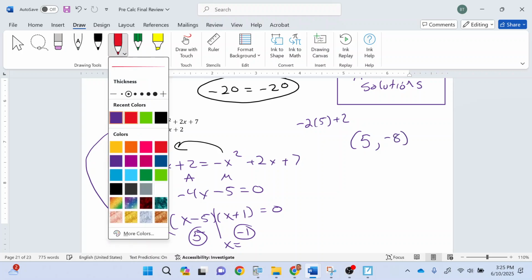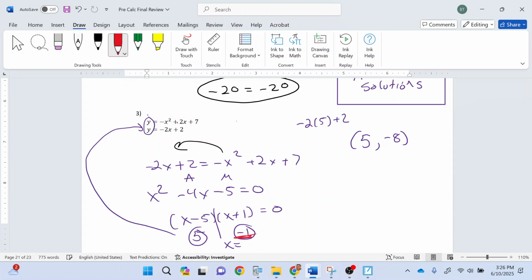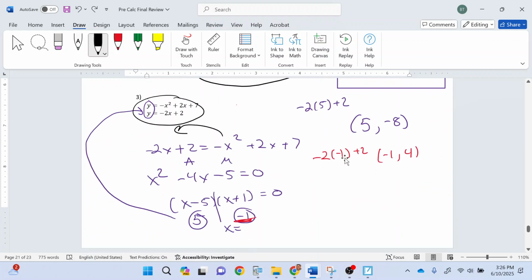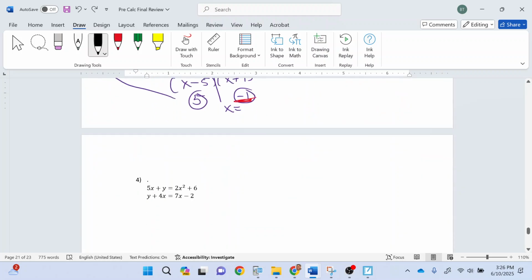And I'm going to plug it into the same equation, but with negative 1. So it's going to be negative 2 times negative 1 plus 2. So 2 plus 2 is 4. So it's going to be negative 1 comma 4. So in this case, you get two solutions. Remember, if you get a situation that is impossible, you will get no solutions, or infinite solutions. In this case, I just got two solutions because they hit each other 2 times.